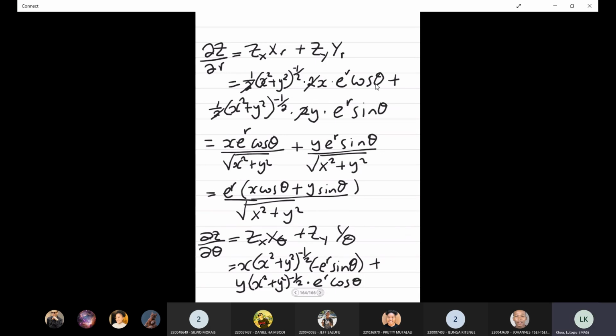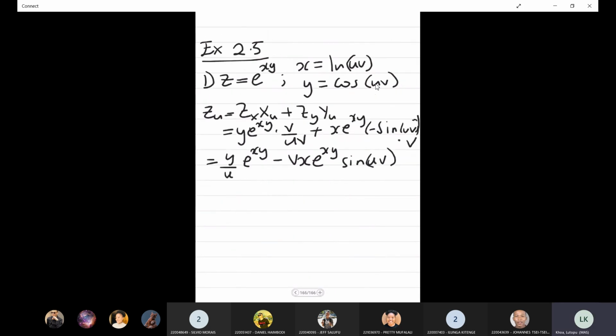Okay, so like I was saying, we have to differentiate z with respect to v this time. So we'll follow a pretty much similar formula, except here we differentiate with respect to v.